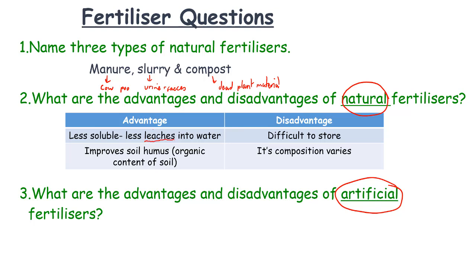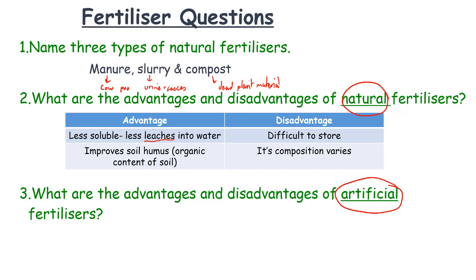So let's say, for example, you use your fertilizer when there's a lot of heavy rain. Because it's not very soluble, less of it is going to leak away into rivers and waterways and pollute them. And we'll talk about what can go wrong if that happens later on. As well as that, it improves the soil humus. And the humus, as we mentioned in the last part, was just the organic content of soil.